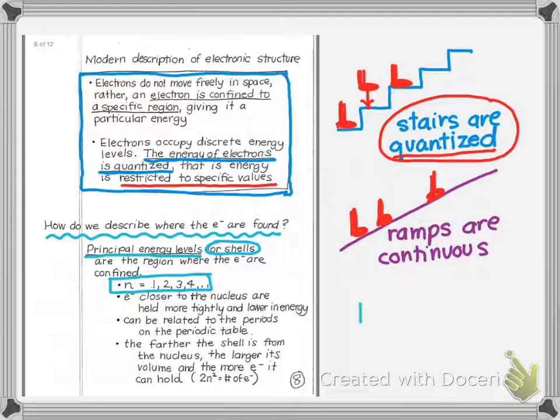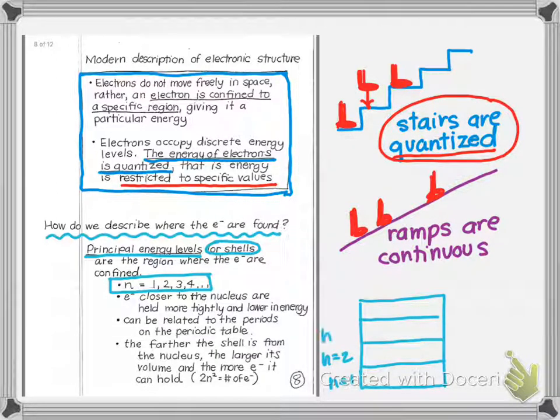So if I had a building, then you'd have floors, right? I could have the first floor, the second floor, the third floor, and the fourth floor. And if I'm on the first floor, that would be one way I could describe where the electron is, kind of on what floor it is.